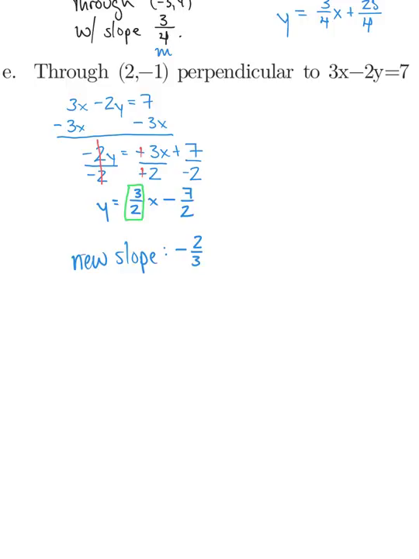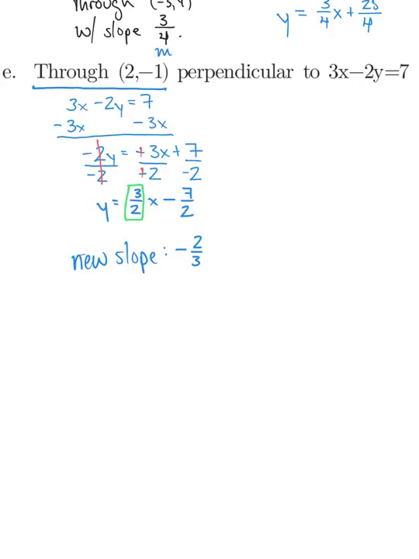So we get the slope of our line is going to be negative 2 over 3. We still have that we want it going through 2, negative 1. And so those are our pieces of information that we have to plug into our formula.